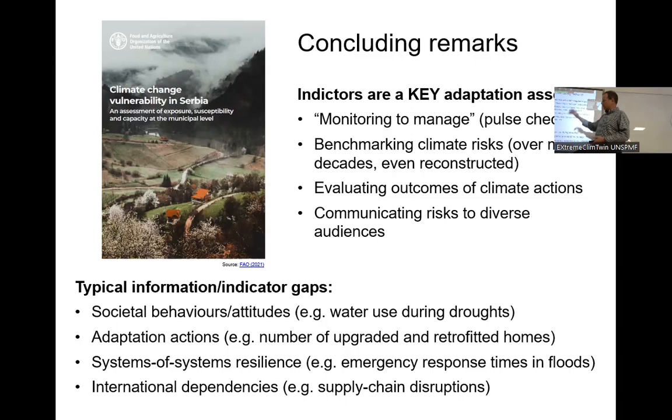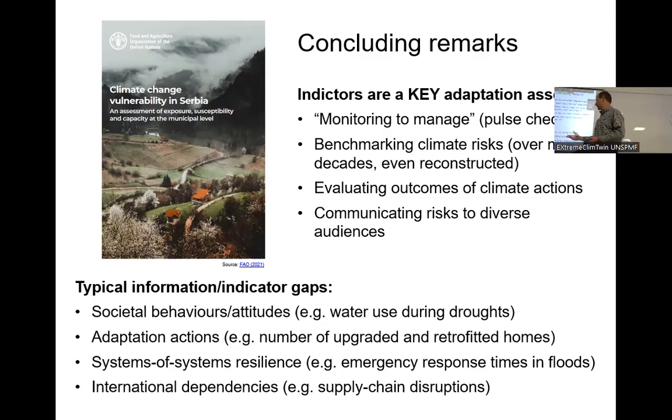When we look at what is being done globally in terms of climate change risk indicators, there are some recurrent gaps. So often there's very little, if any, information on changing societal behaviours and attitudes to those climate risks. So information about people is often lacking. For example, what changes in behaviour do people adopt during a drought in terms of their water usage?